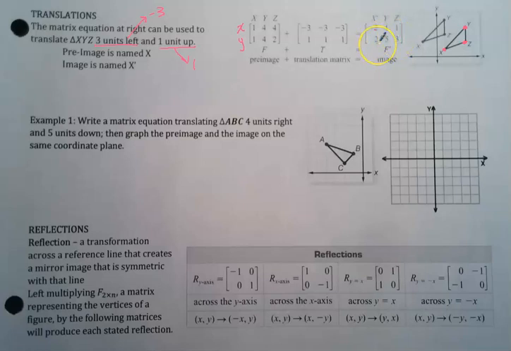So now these are our new coordinates. So we have -2, 2 for x prime. 1, 5 for y prime. And 1, 3 for z prime.